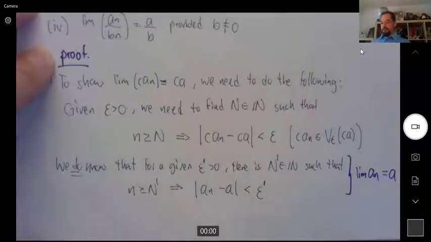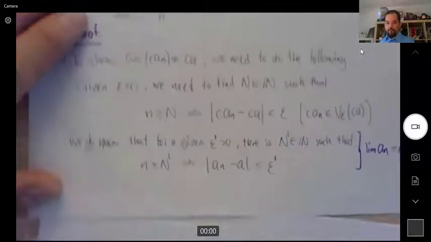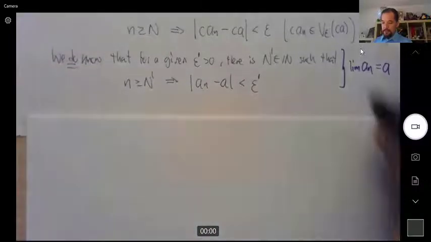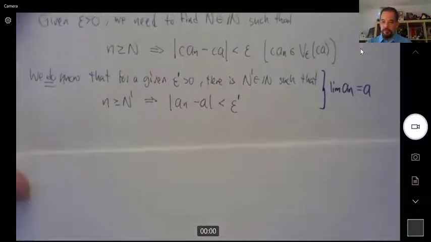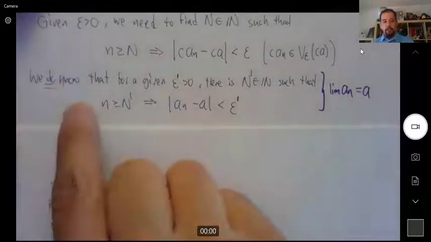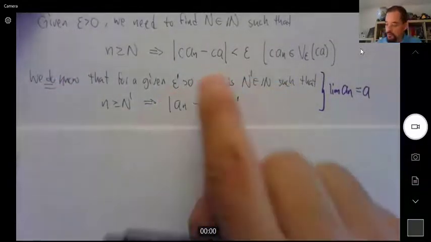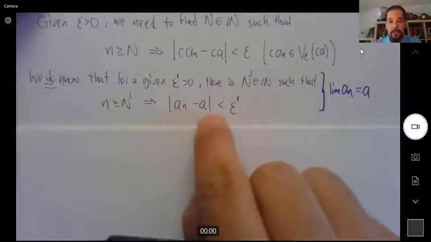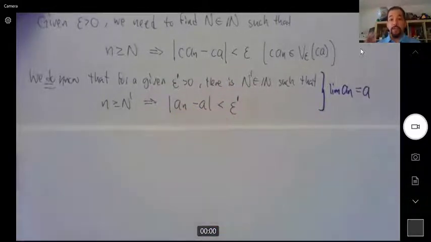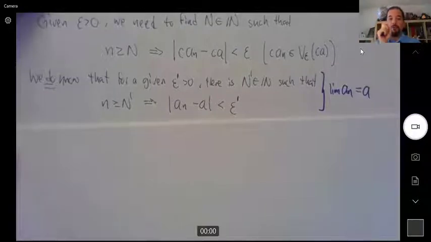So then, still as part of our discovery process, what we want to do is start from what we want. And let me tell you the informal way in which you should think about this: you can control AN minus A. We can make it tiny, as small as we want, by picking n sufficiently large.